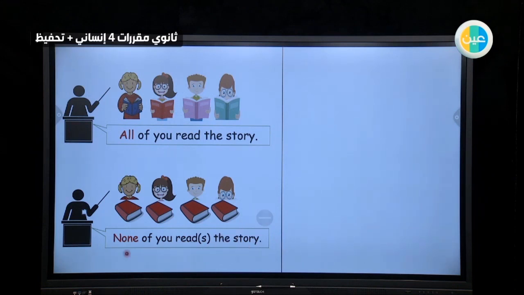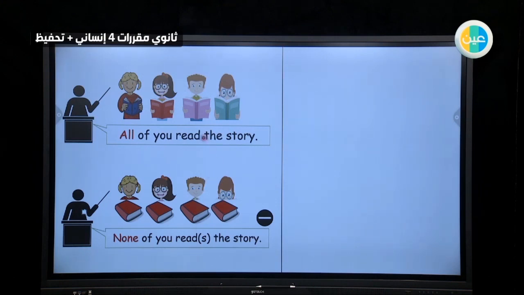None here gives a negative meaning. The sentence is not negative, we can't see not, but it gives us a negative meaning. It is used for more than 2 people, things, or ideas.